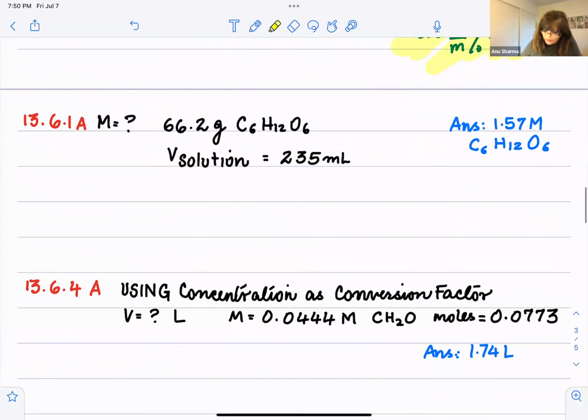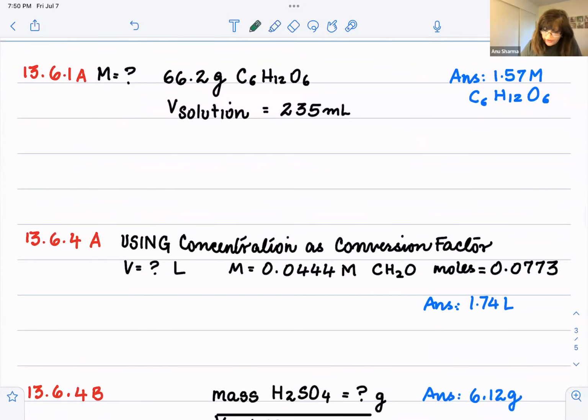Now let's look at the next one. Here you are going to find the molarity. You're given the grams of a substance, which is C6H12O6, and we need to find the molarity of this. So what are we going to do here? For molarity, always write down the units.